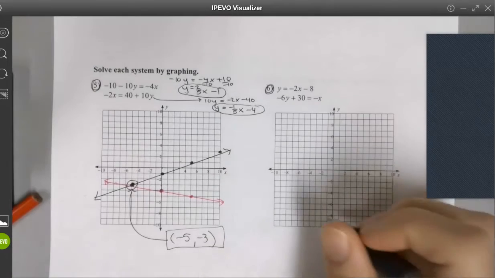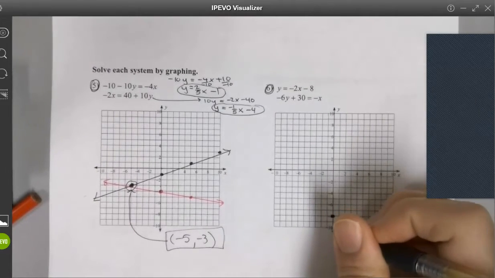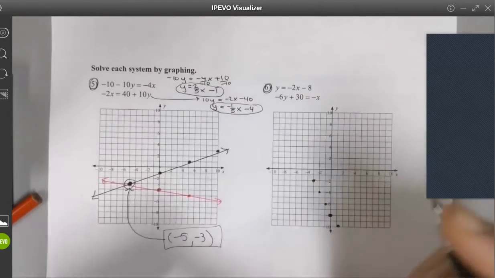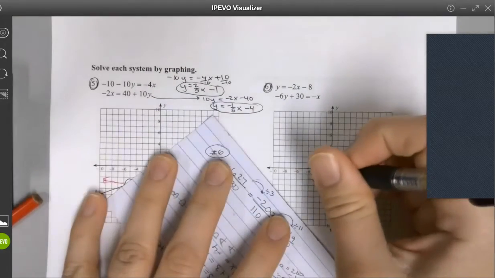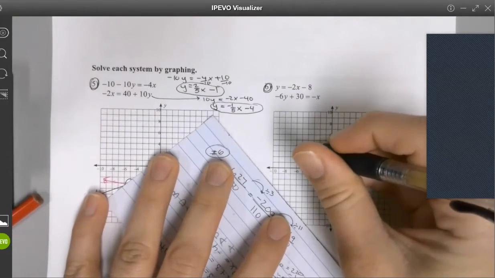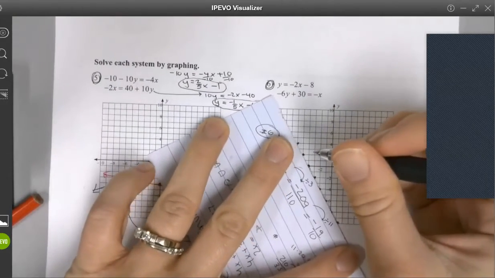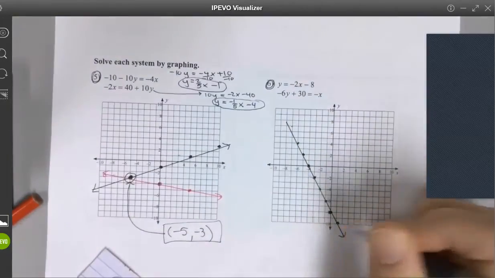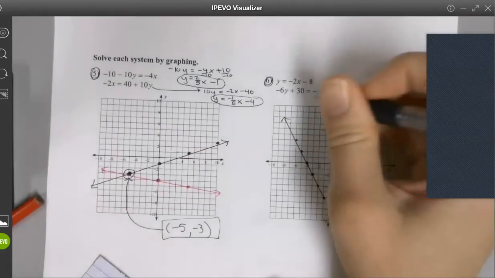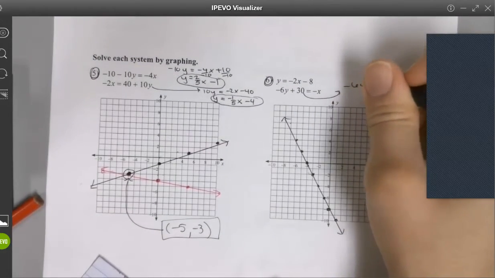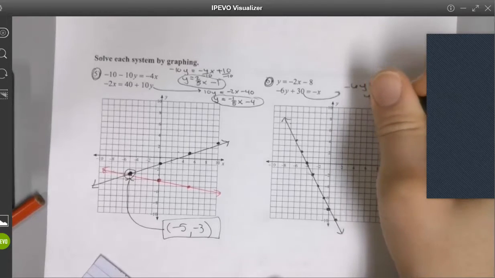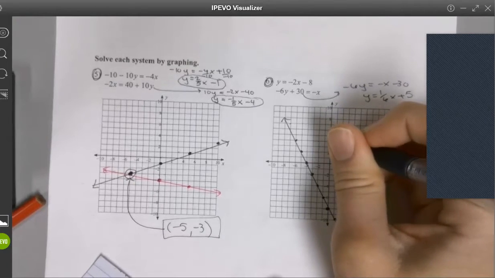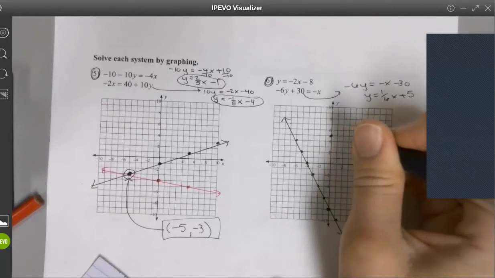6 was asked about. So this has y-intercept at -8, slope of -2. I'm going to go backwards a little bit. Go even further. My other equation I have to solve has a y-intercept at 5.